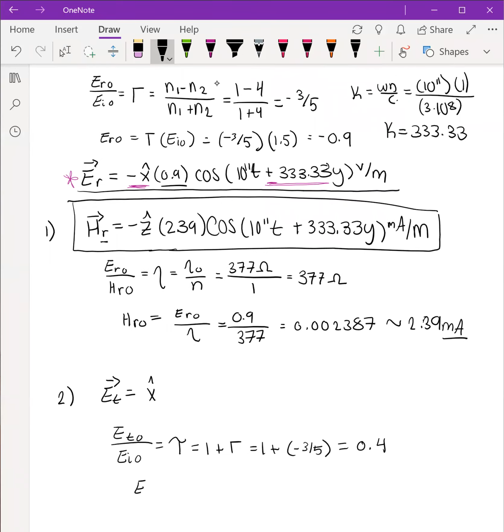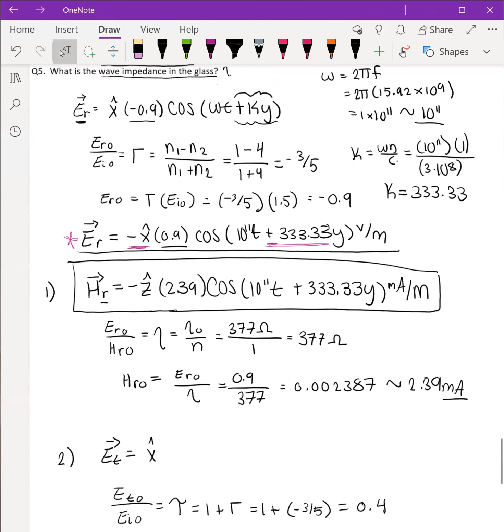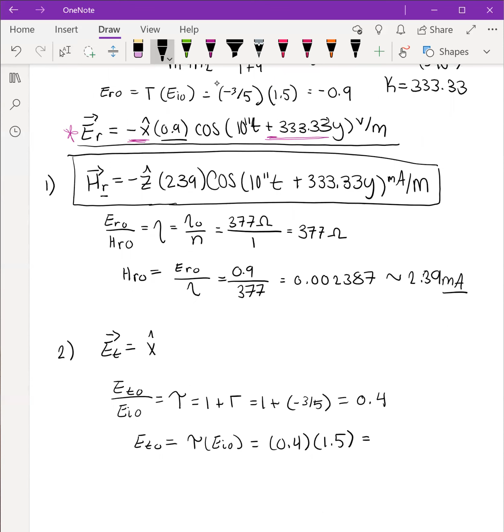Now substituting that back in to find the magnitude of the transmitted E field, we get our transmission coefficient times our E sub I magnitude, and that becomes 0.4 times 1.5 from E sub I at the top, our magnitude of 1.5, and that gives us a transmitted E field magnitude of 0.6.